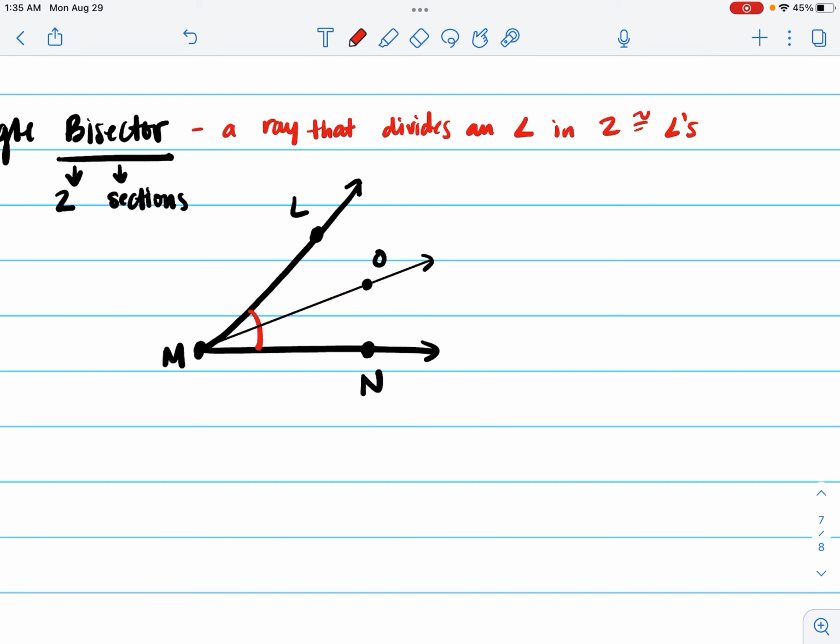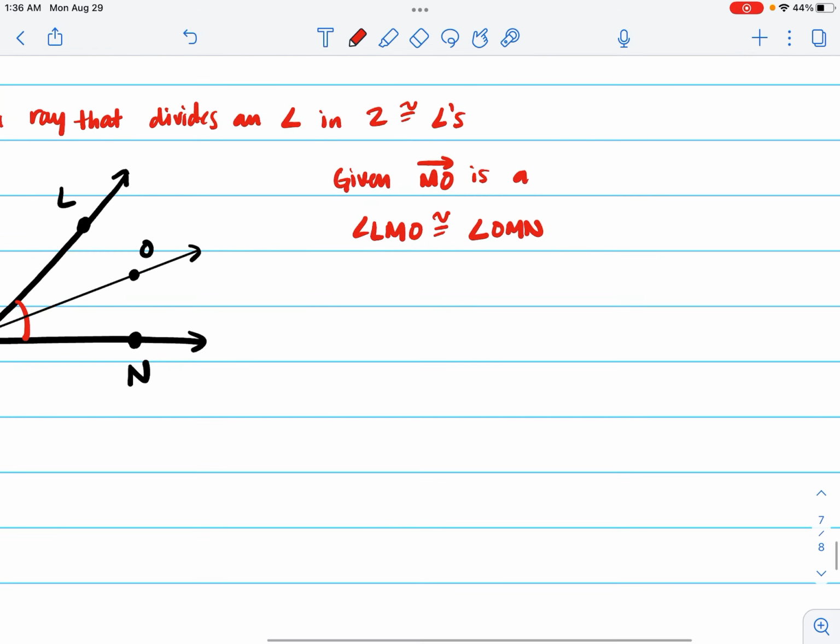Okay, so using that little bit of an example, in this particular case, we have a new ray, LMO, so angle LMO is congruent to angle OMN. And this would be given, right above it, MO, that's the ray, is an angle bisector.